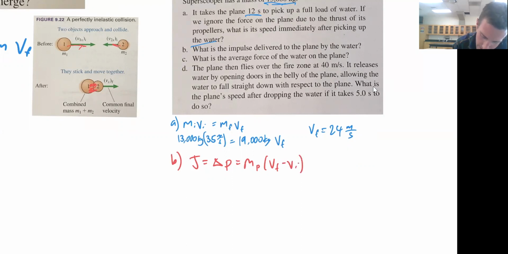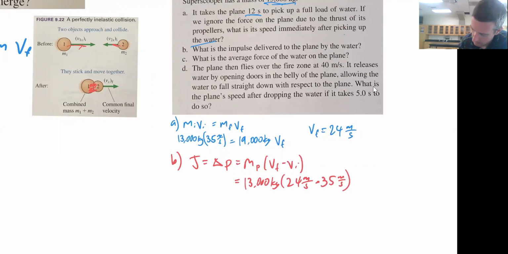Plug in numbers: the mass of the plane was 13,000 kilograms. Final velocity was 24 meters per second minus initial velocity, 35 meters per second. That's a net change of negative 11.